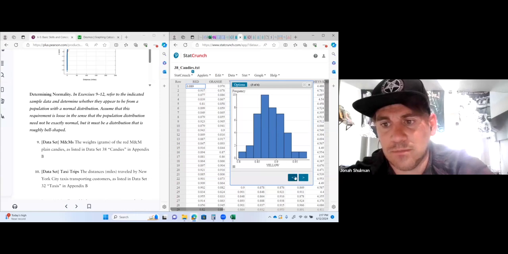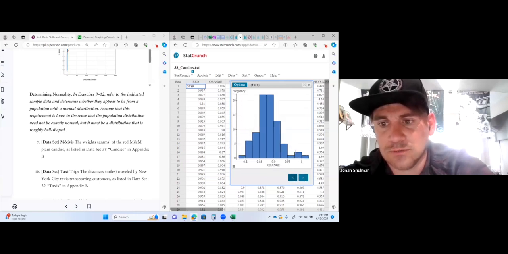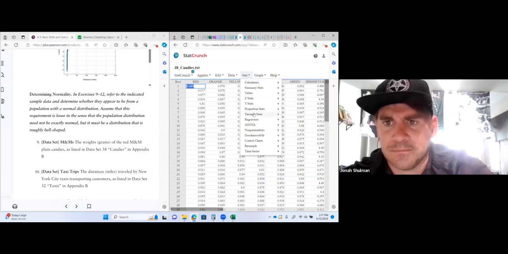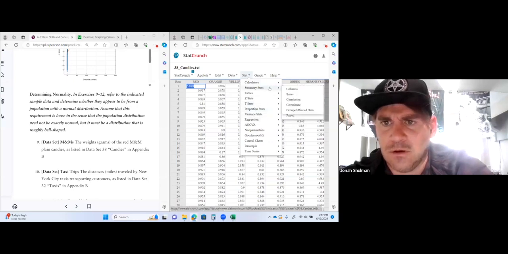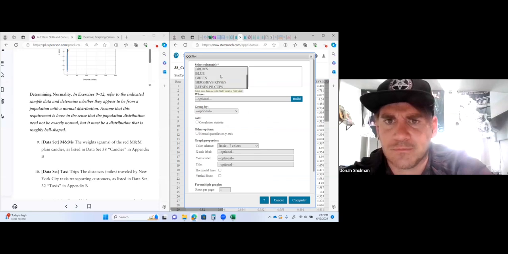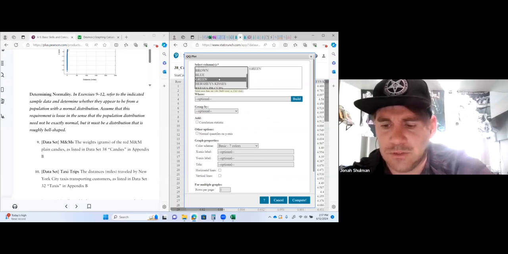The only one that I'm worried about, if only one color seems off, is the orange. Let's look at the oranges. The orange ones, QQ plot. And we can just pull them up again.